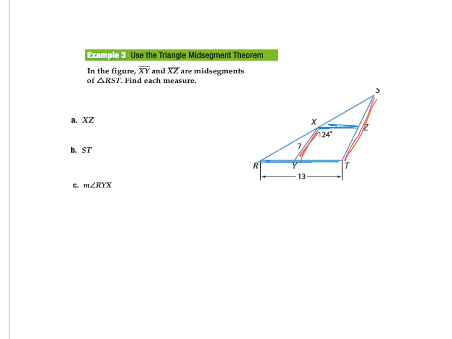So looking for the length of XZ, it's going to be half of 13, so that's 6.5. Looking for the length of ST, it's going to be double 7. Do we see ST right here? ST is right here. If XY is 7, this is going to be twice as big as that, so that's 14.